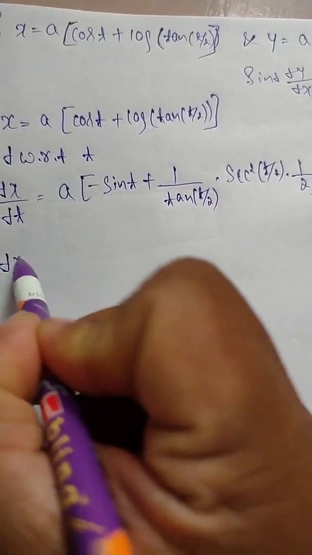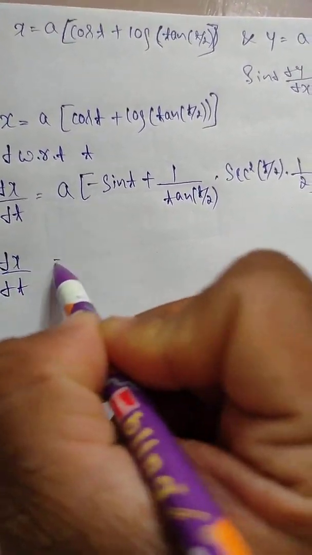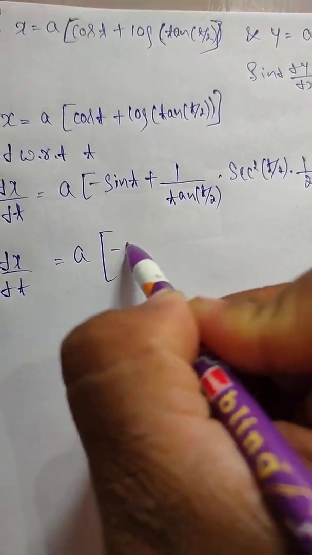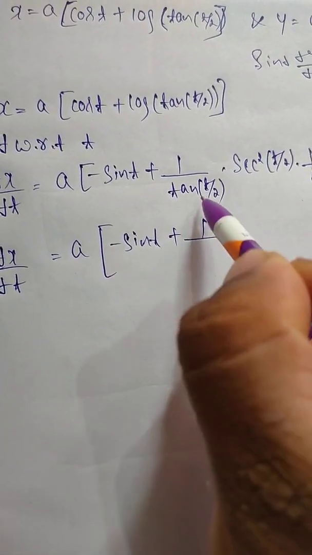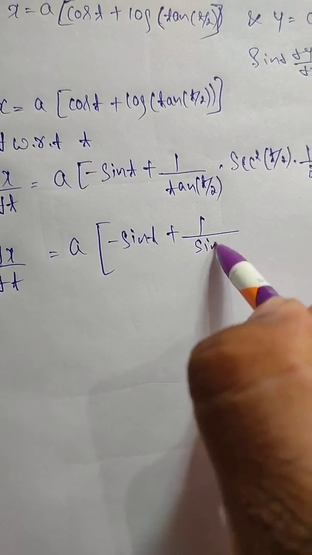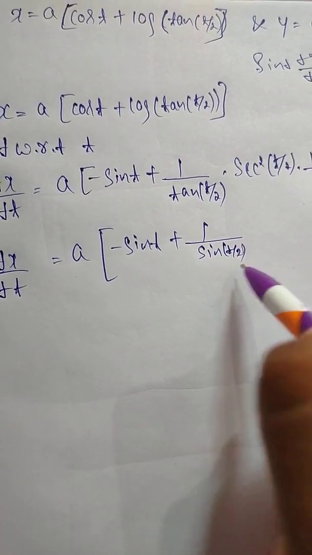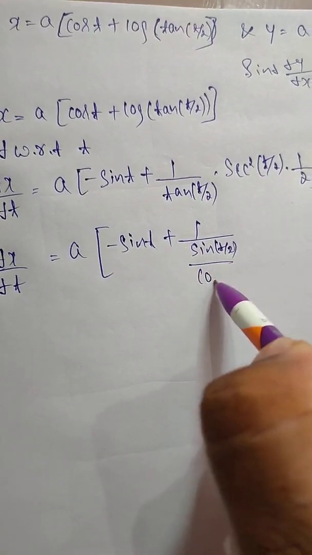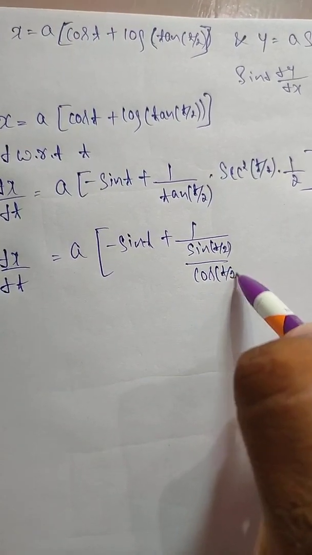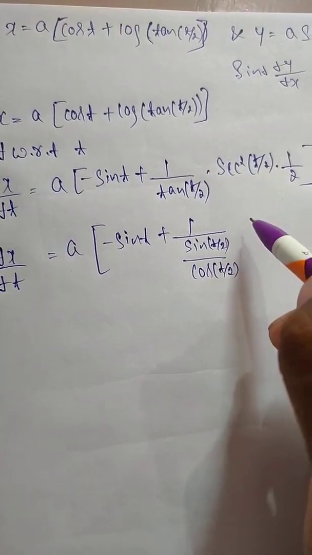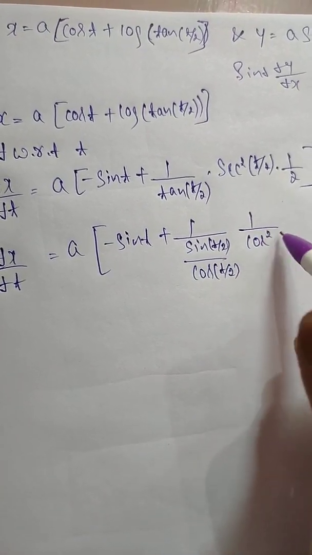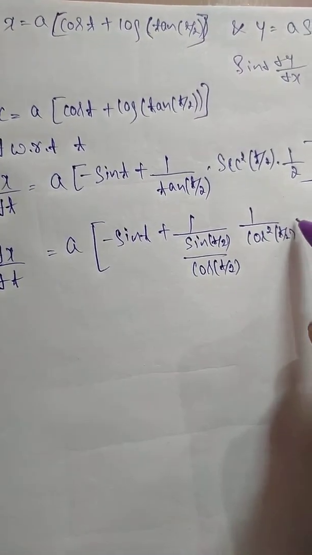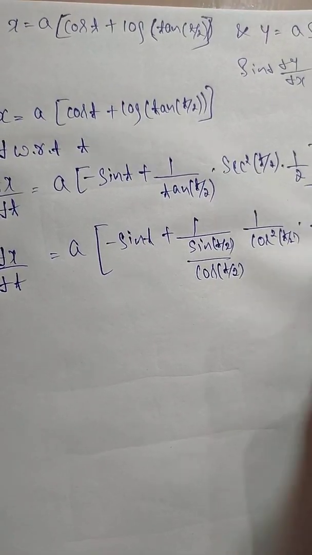Now dx by dt is equal to a into minus sin t plus, I am writing this tan t by 2 as sin t by 2 by cos t by 2. Now secant square t by 2 as 1 by cos square t by 2 into 1 by 2.